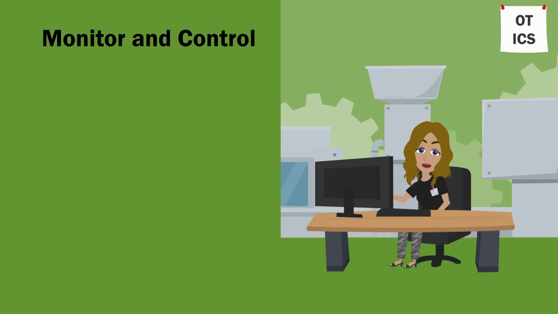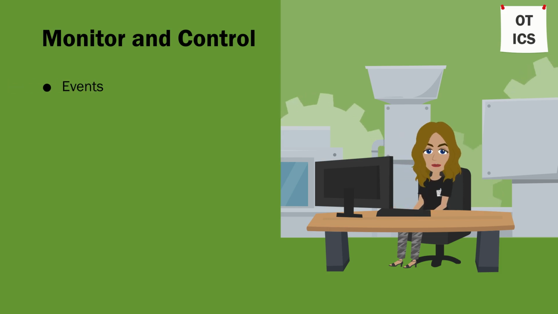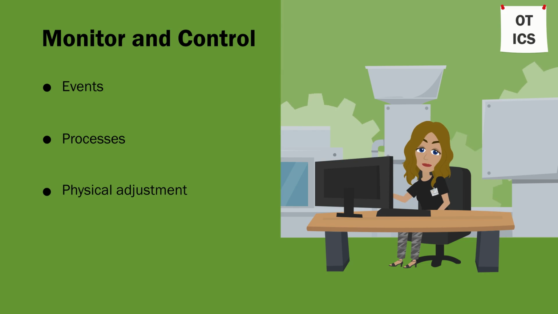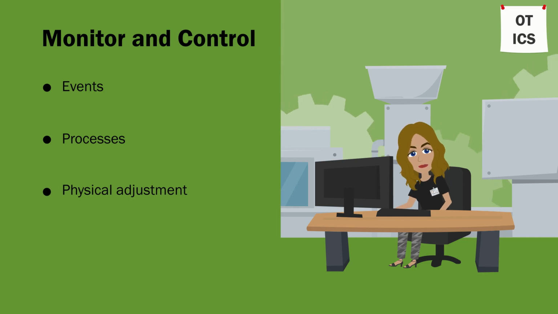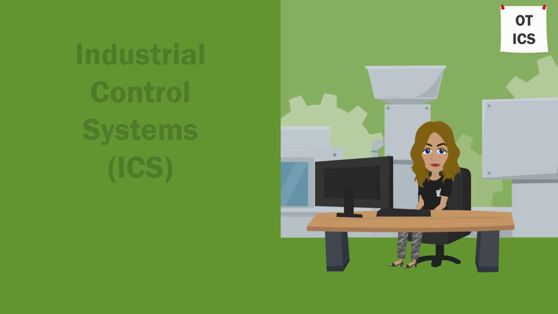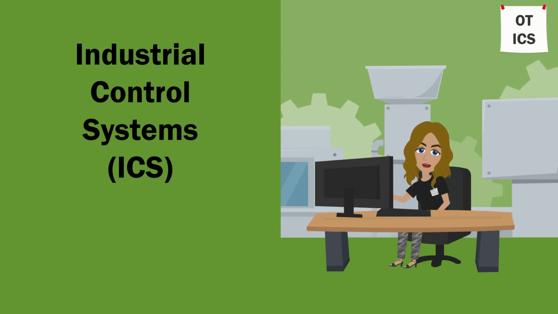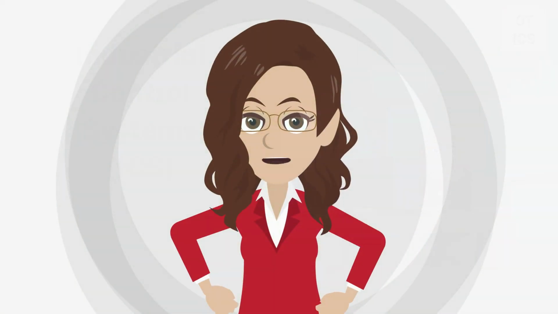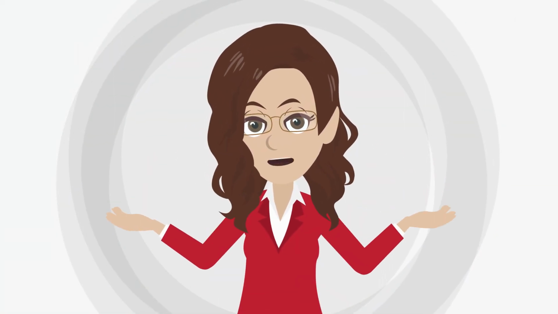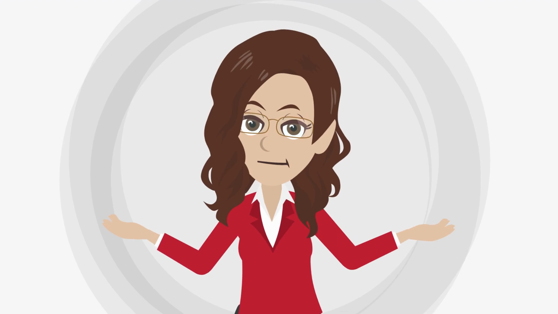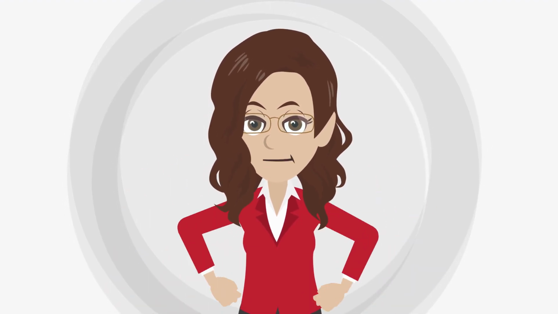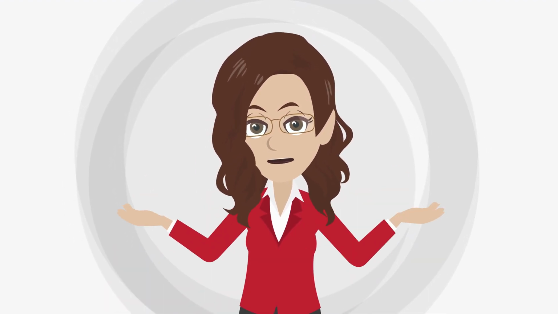An operational technology, or OT, network monitors and controls events, processes, and physical adjustments in industrial and enterprise operations. Industrial control systems, ICS, are a subset of OT. IT and OT networks use different protocols. OT protocols are often older and not designed with cybersecurity in mind.